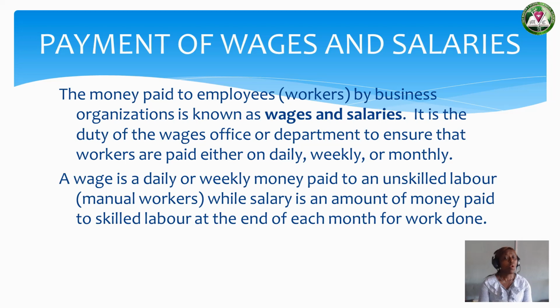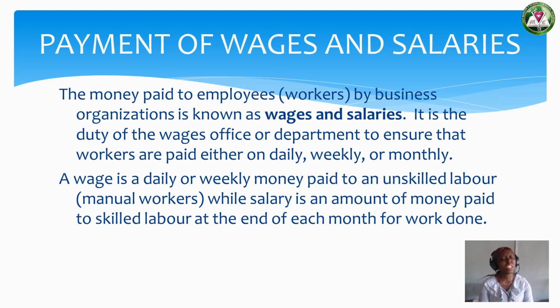Remember, workers who directly or indirectly render their labor to the organization should receive their reward. The money paid to employees, that is workers, by a business organization is known as wages and salaries. So you can receive your wages and salaries through any of these methods we've stated.